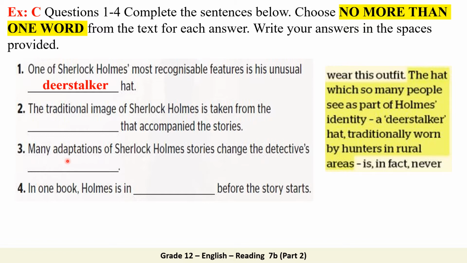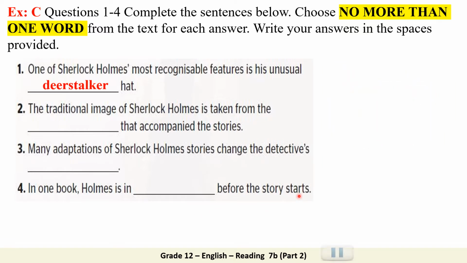So many adaptations of Sherlock Holmes stories changed the detectives. In one book, Holmes is in before the story starts. Now, I want you to pause the video and answer the questions.